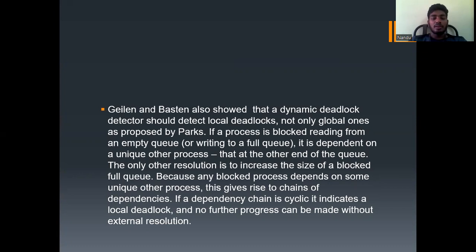The only resolution is to increase the size of the blocked full queue. Because every blocked process depends on some unique other process, this gives rise to chains of dependencies. If the dependency chain is cyclic, it indicates a local deadlock and no further progress can be made without an external resolution.